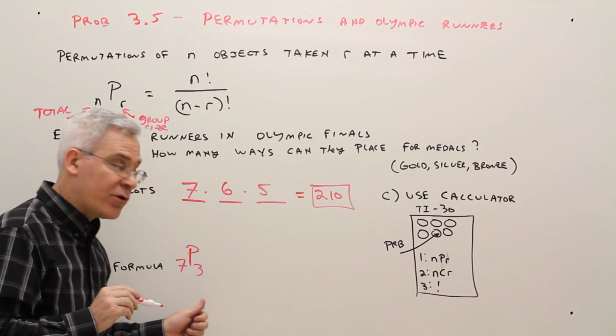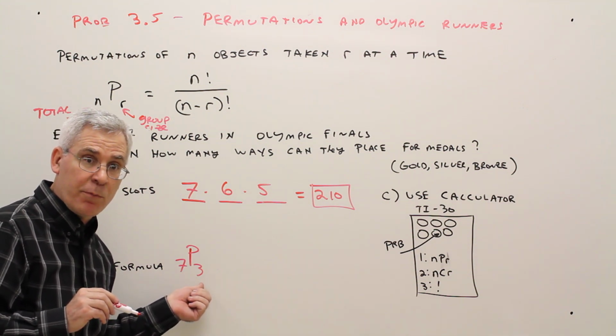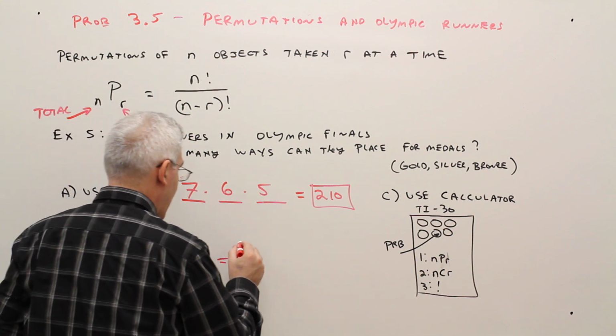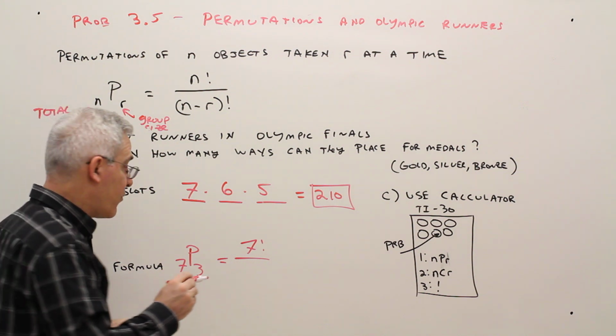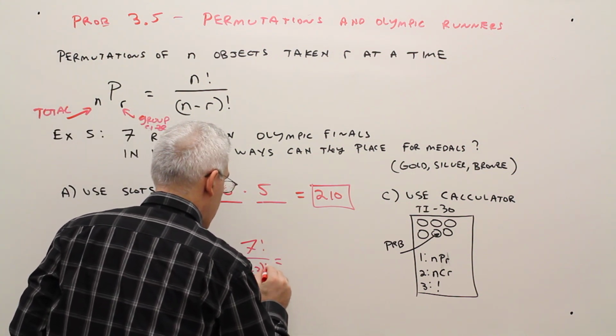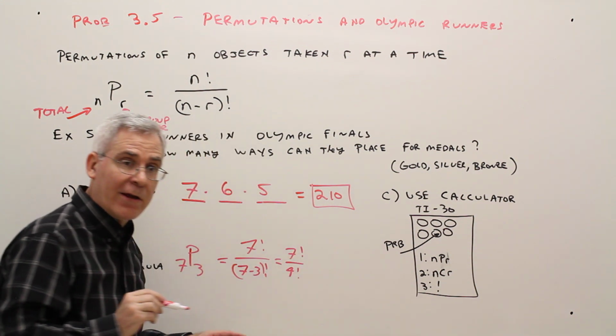A permutation of 7 objects taken 3 at a time, in a grouping size of 3. All right, so the formula would say 7 factorial over 7 minus 3 factorial, which would be 7 factorial over 4 factorial.